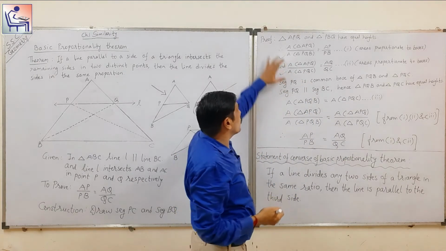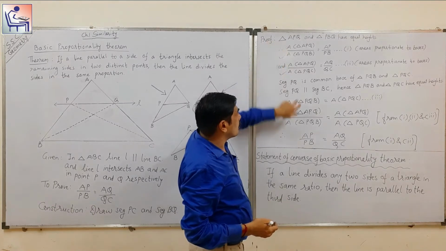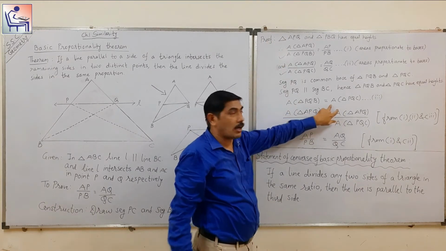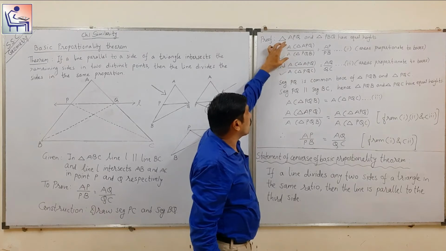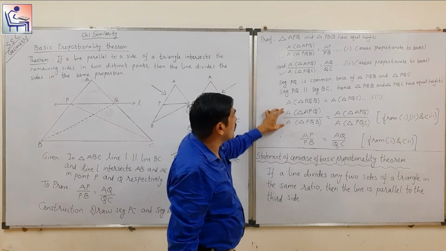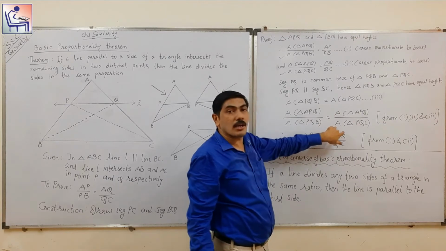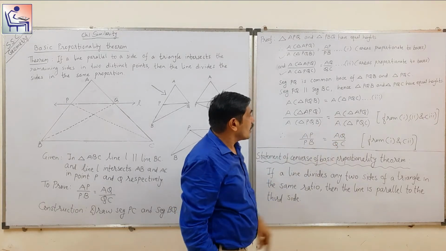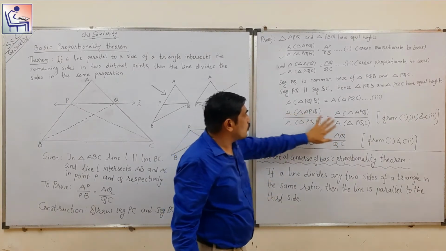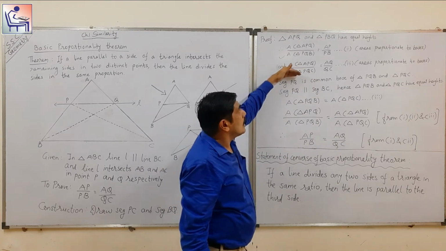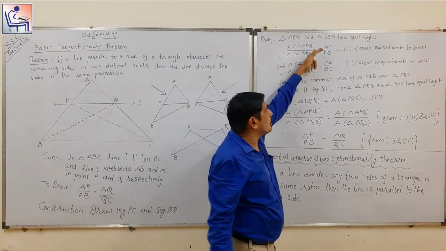So the numerator was common in both, and the denominator we proved here in the third statement. That's why we can say that area of triangle APQ upon area of triangle PQB is equal to area of triangle APQ upon area of triangle PQC. Now, if these two are equal, that means left side is equal, then right side must be equal.